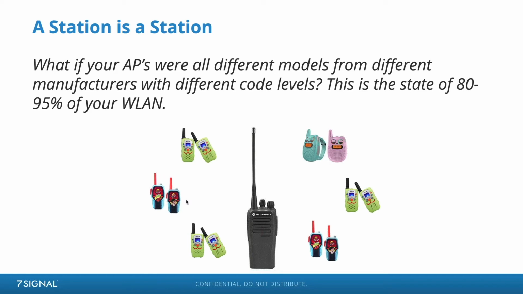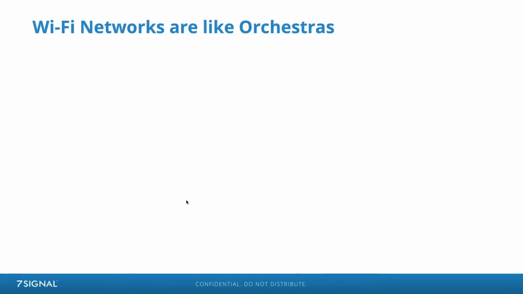You wouldn't use one of these in a really important environment where communication was really critical. And yet, a lot of the clients on our Wi-Fi network are unfortunately built with similar design goals as these clients. So it's a problem. So one more analogy about Wi-Fi, and then we'll really get into some details.